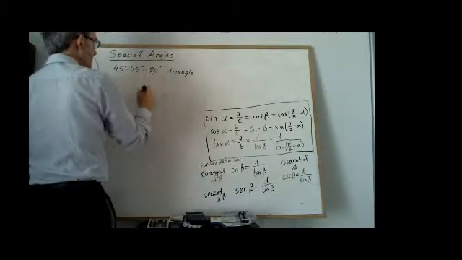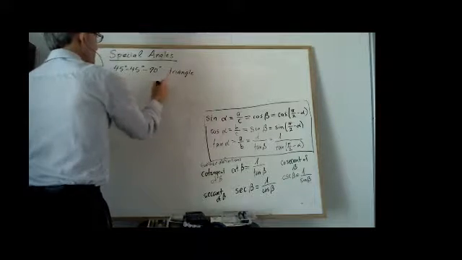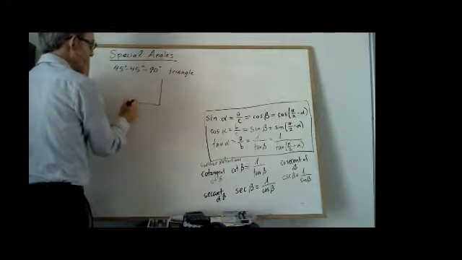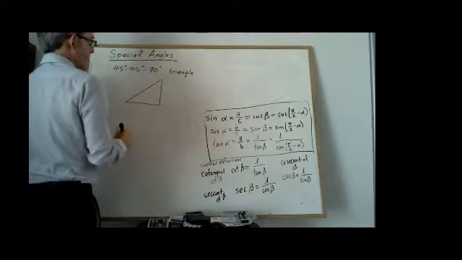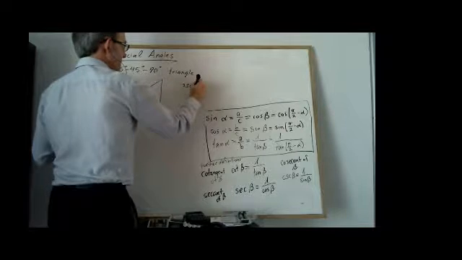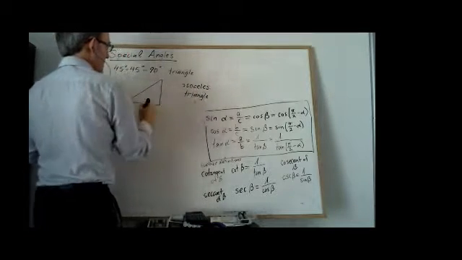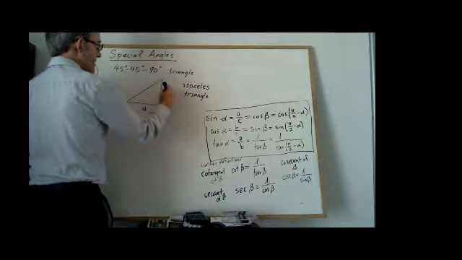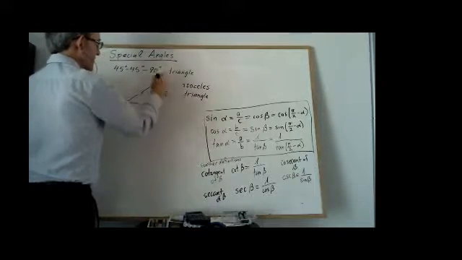So in this case we have a triangle whose 2 small side lengths are the same. All right, so this is called an isosceles triangle. So this side is length A, this side is length A. And what's the third side length going to be?